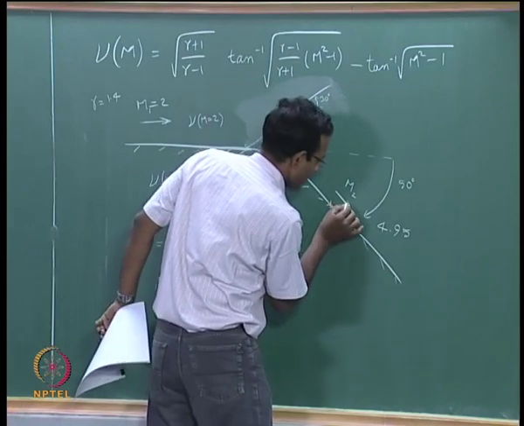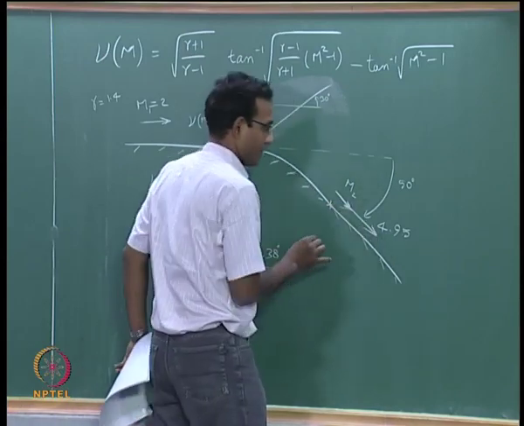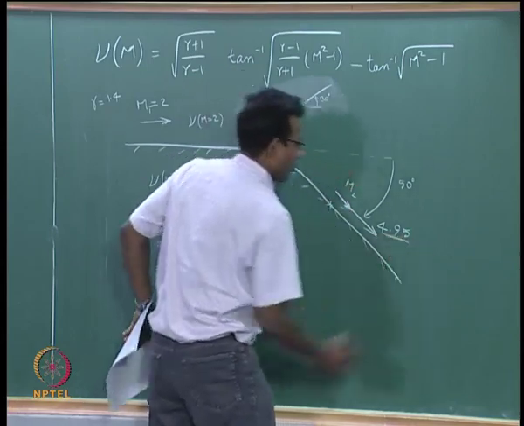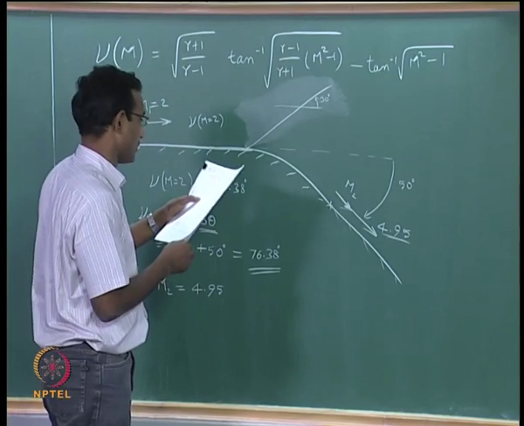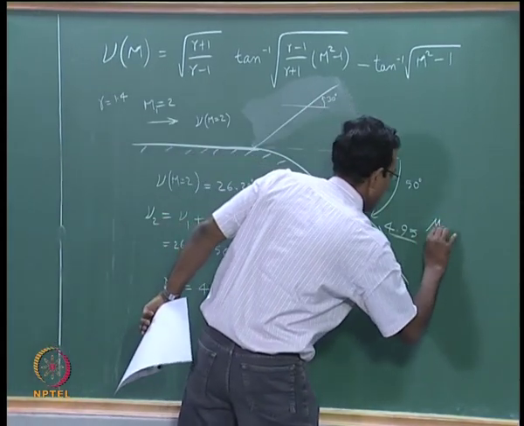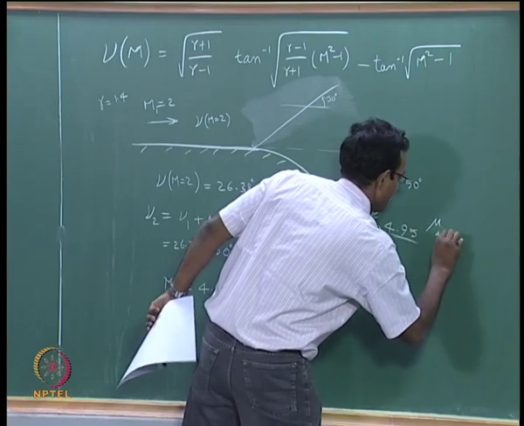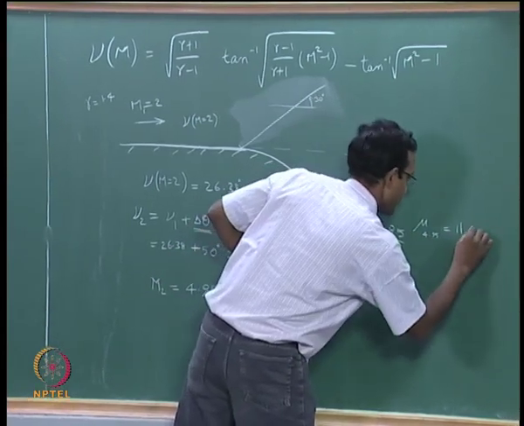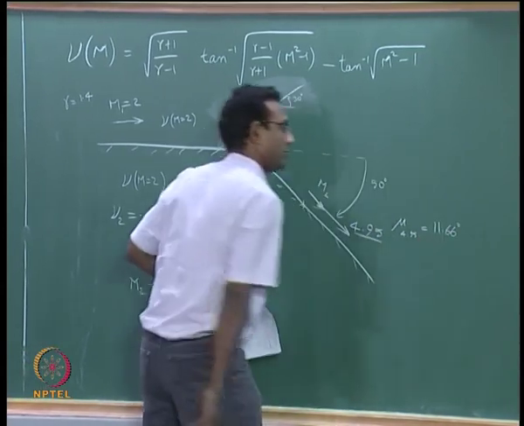So I will draw this local direction of velocity vector, and I have to find the local Mach angle for that Mach number, which happens to be mu of 4.95, which is 11.66 degrees.